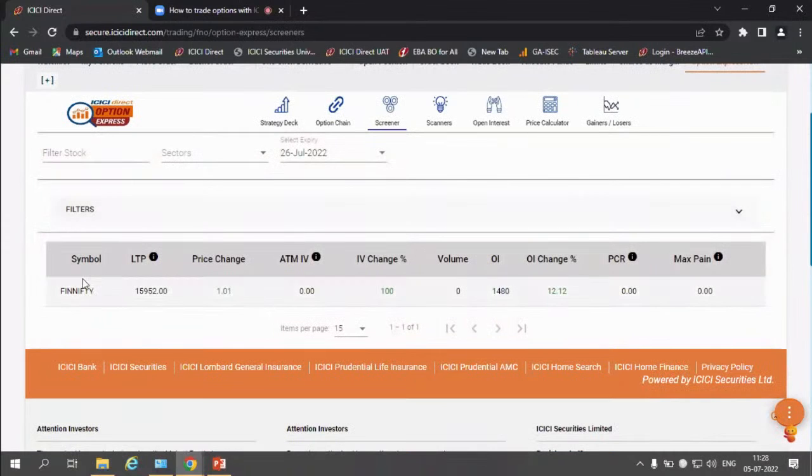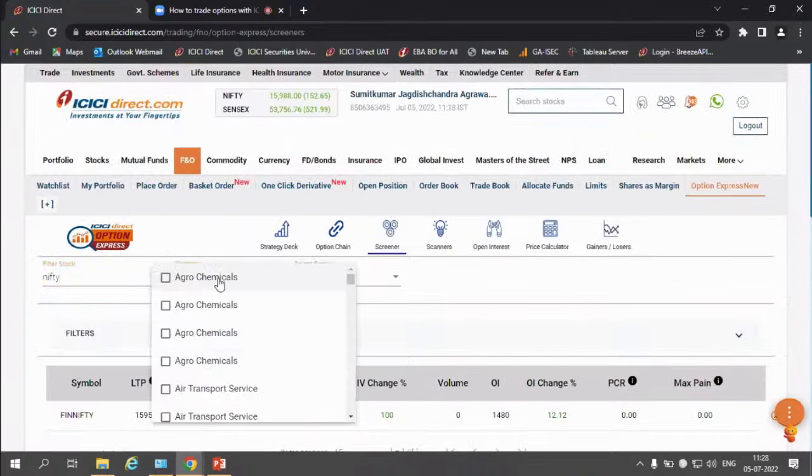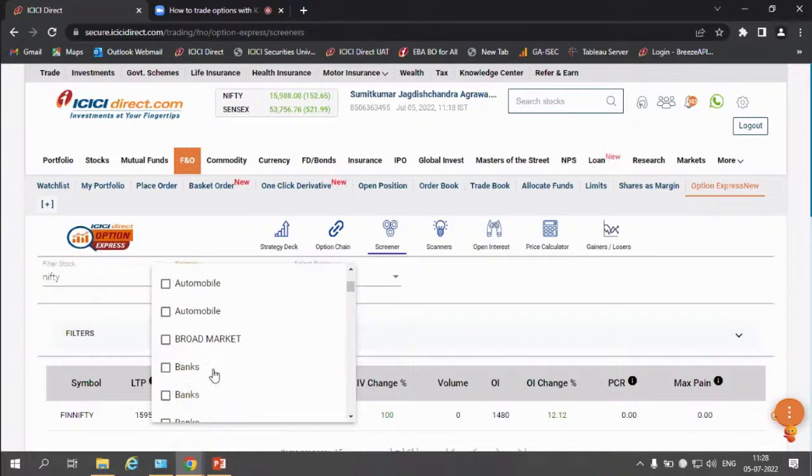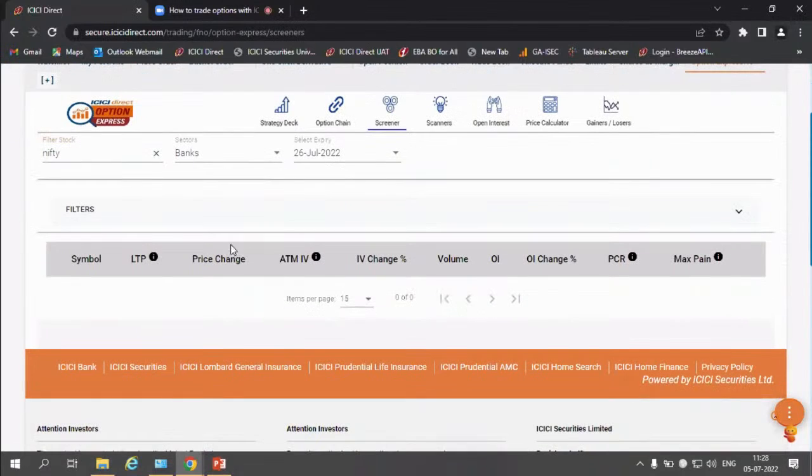Screeners you will also get. Let me type Nifty, and you will be able to select all these automobiles, banks, and you'll be able to see some values over here. It's not showing at the moment.